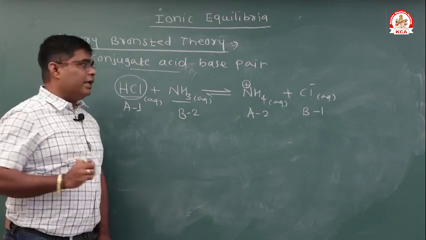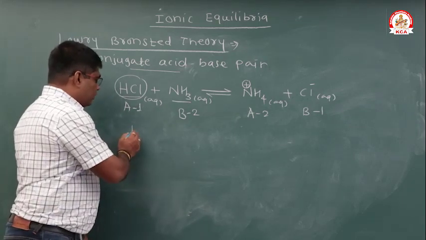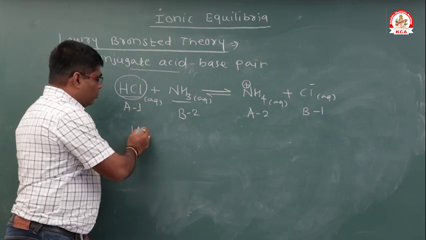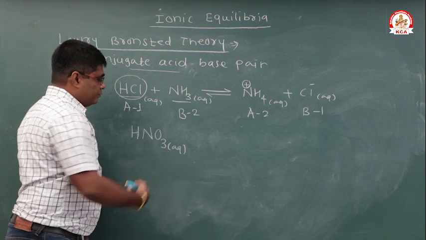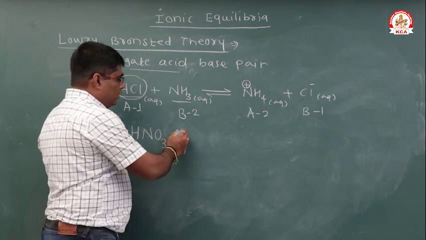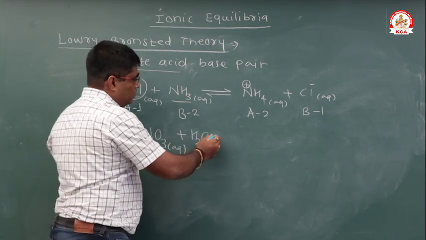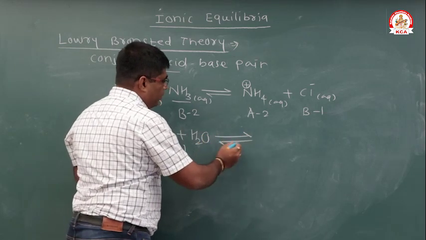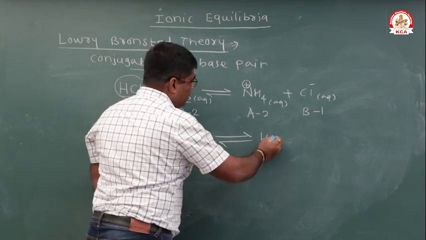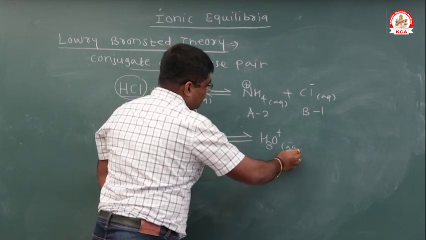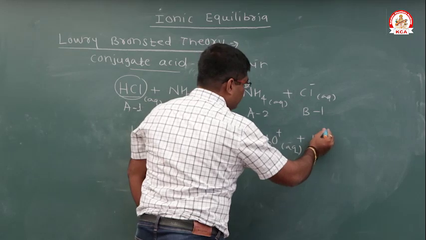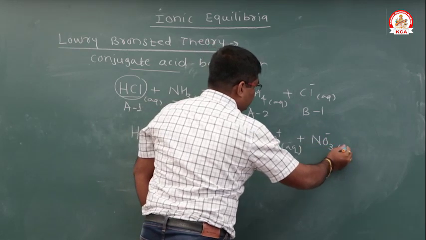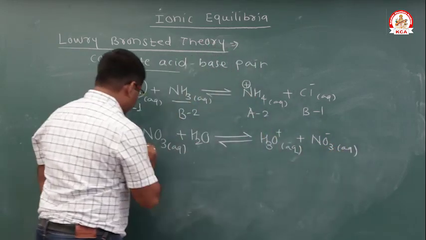आणखी एखादं एक्झाम्पल घ्यायचं म्हटलं, so this one we consider HNO3 aqueous. Then in water, what happens? It gives H3O plus aqueous and NO3 minus aqueous. आणखी क्लिअर होईल.